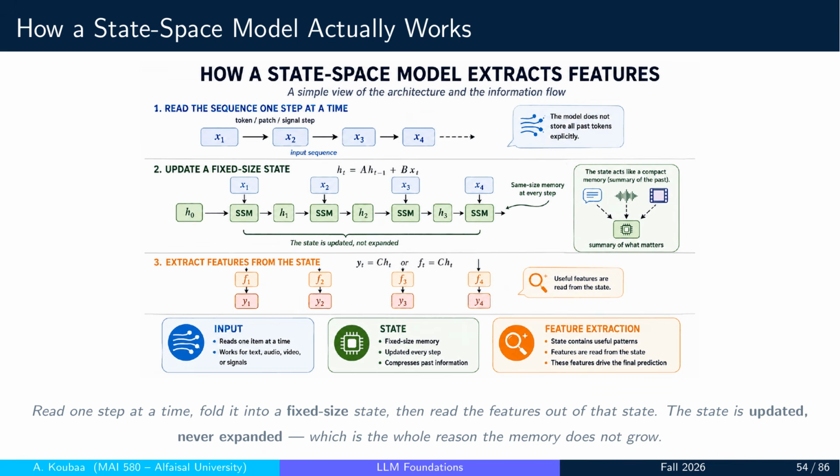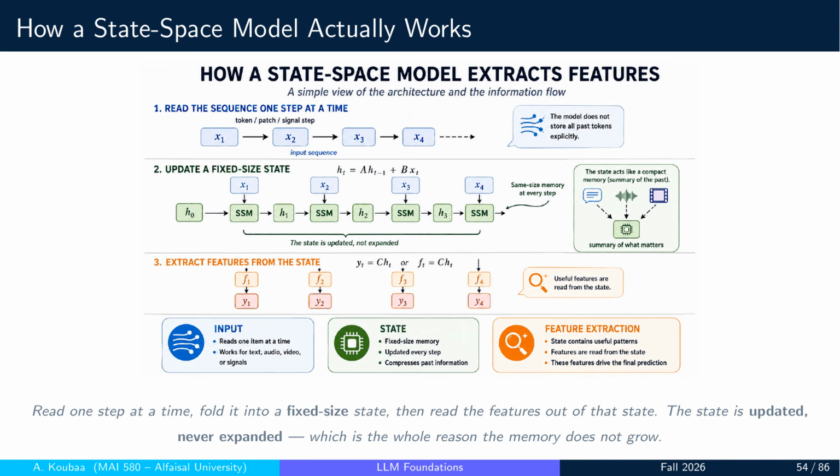Here's an everyday picture of the same idea. Attention is like keeping every page of a book open in front of you and rereading whichever pages you need. A state space model is like taking notes as you read, and then answering from your notes. Both can work, but notice where the difficulty moves.